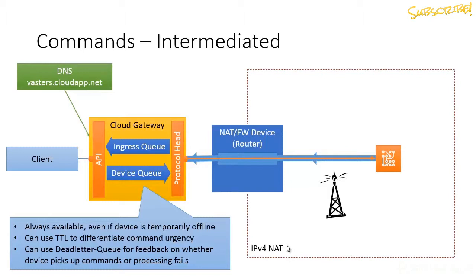So you get a temporal decoupling, and also you get a serialization of commands. You might have concurrent clients that are trying to talk to the device all at the same time through the API front, and what the queue does is it now puts them all nicely in sequence by order of arrival for the protocol head side that talks to the device to go and pick up.